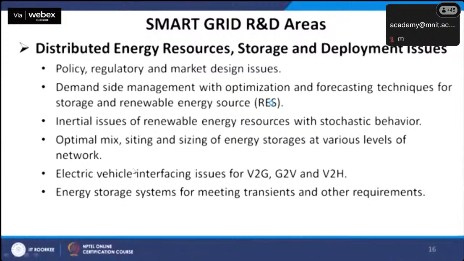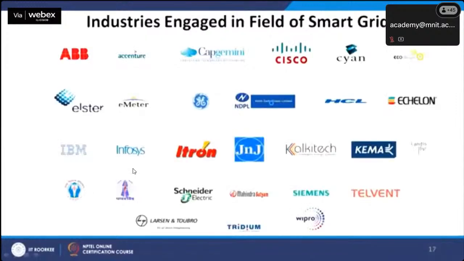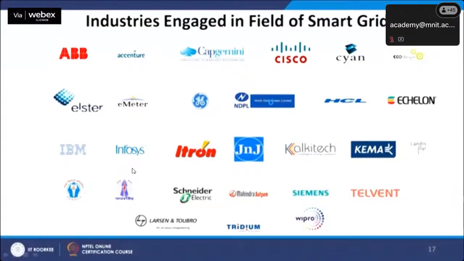energy storage system for meeting transient and other requirements, and there are so many industries who are currently working on smart grid. So, you can also choose a future with industry, and to name a few: ABB, Accenture, Capgemini, Cisco, HCL, NDPL, General Electric, Elster, IBM, Infosys, Kema, Siemens, Schneider, Mahindra, Power Grid, POSOCO.